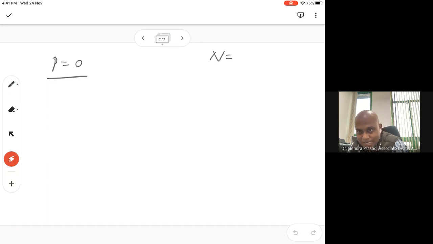However, we can guess based on the open loop. So N equal to Z minus P, where P equal to 0. Right?